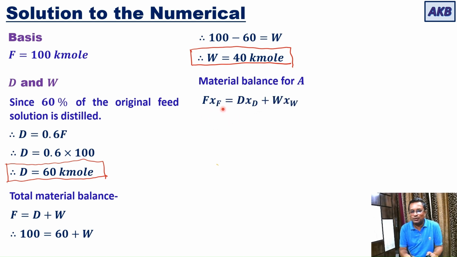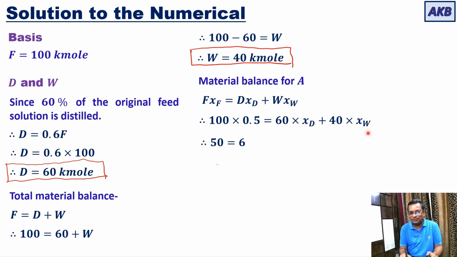So it is F into XF is equal to D into XD plus W into XW. F is 100, XF is 0.5, so 100 into 0.5 is equal to D, which we calculated as 60, into XD, which we don't know, plus W, which is 40 kilomole, into XW, that we don't know. So that is 50 is equal to 60 XD plus 40 XW.